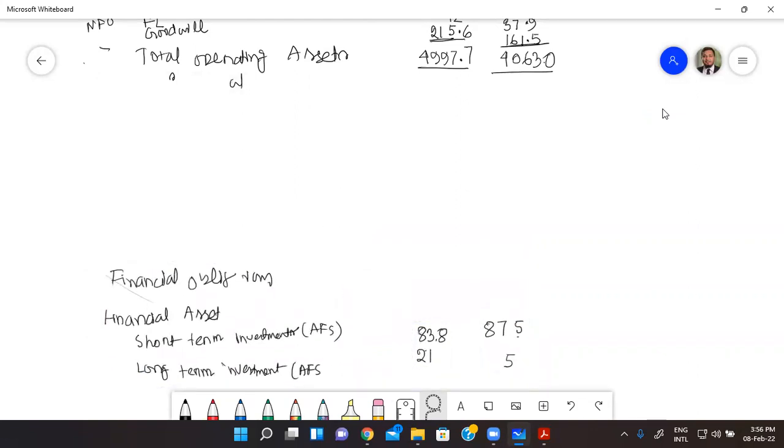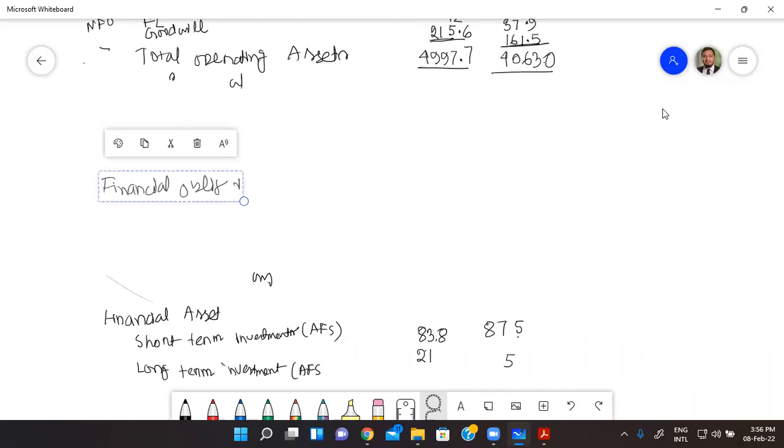In the financial obligations, from the current part, we have commercial paper and short-term borrowing. You see in the current liabilities side.